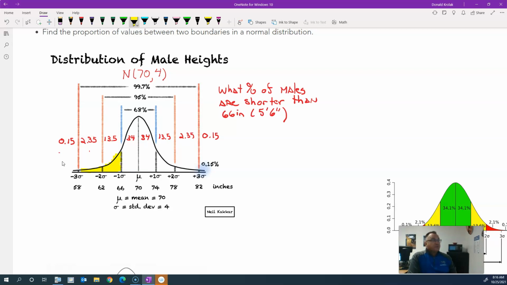So we just add up those three numbers: 0.15 plus 2.35 plus 13.5. And that gives us 16%. So 16% of men are shorter than 5'6".